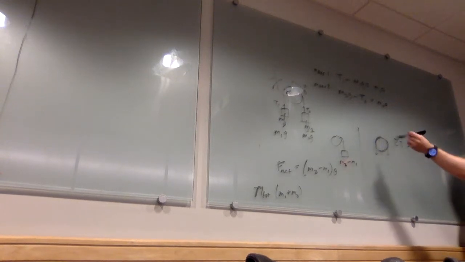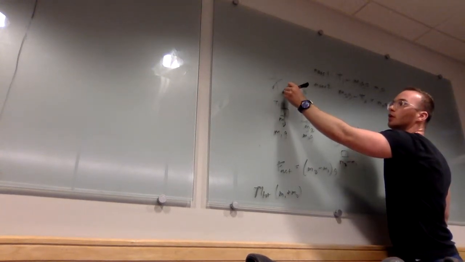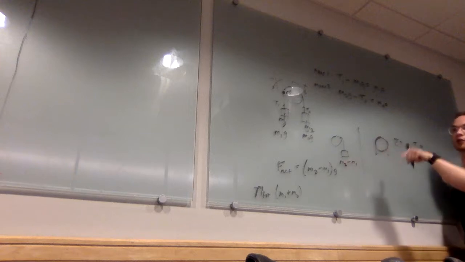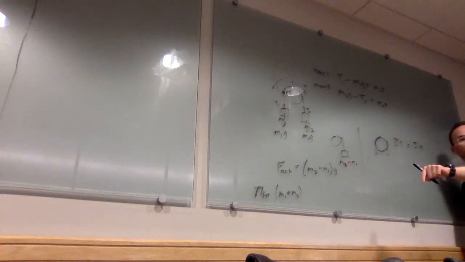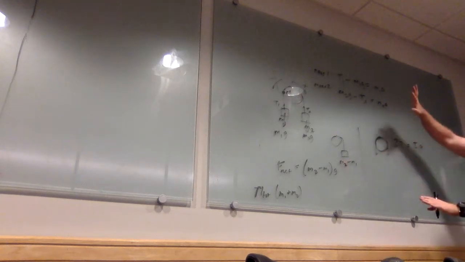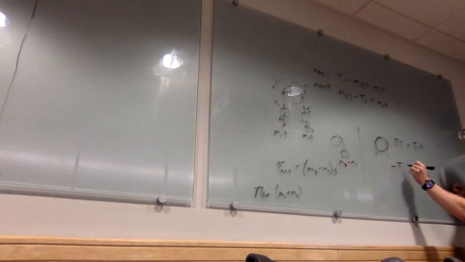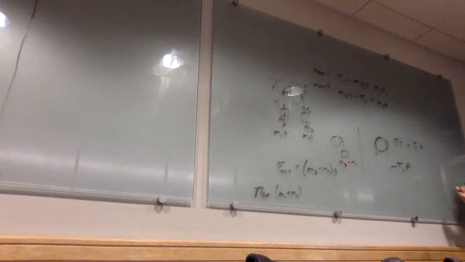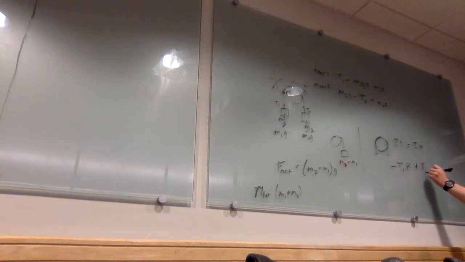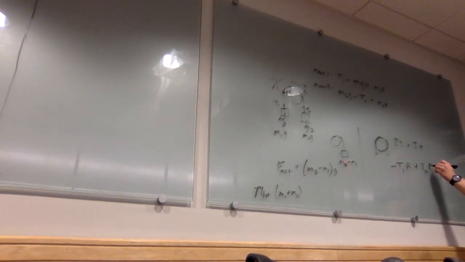Well, what's the sum of the torques? At this point, we have a torque going in the negative direction because it wants to pull us that way, right? It wants to rotate us this way. And so we have a negative T1, and now R is the radius, and they're always perpendicular, so it's just that. The other one is very similar. It's just positive T2 R, right?